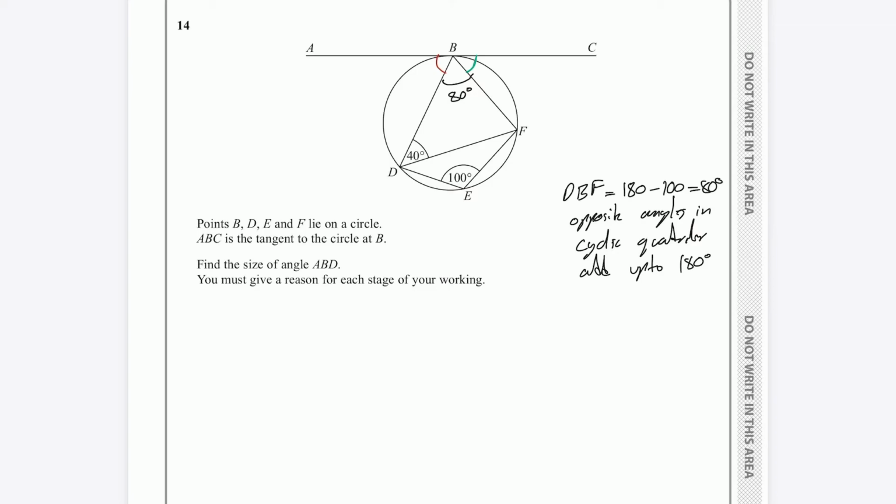Well, one way that's coming to me is, I can find out what this angle here is. So I can find out that PFD is, because it's angles in a triangle, 180 take away 80 minus 40. That's 60. You can just write angles in triangle add up to 180.